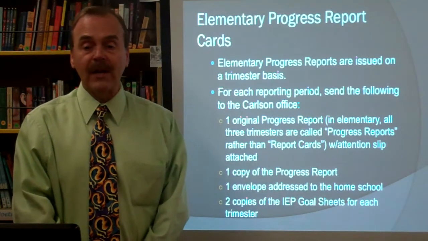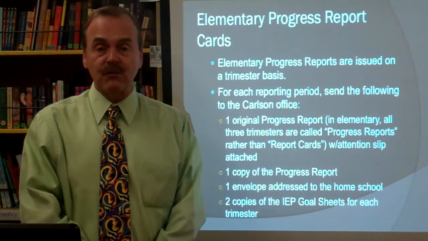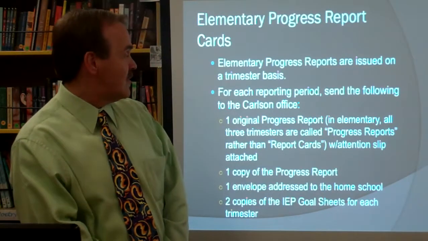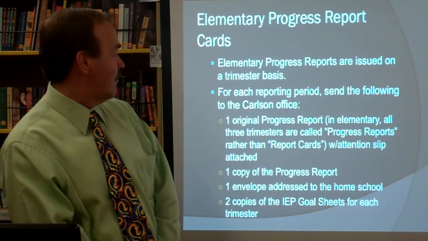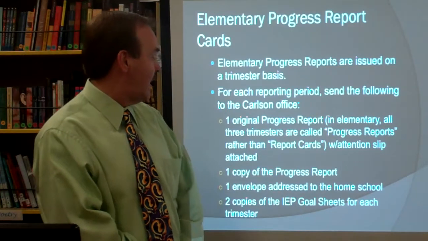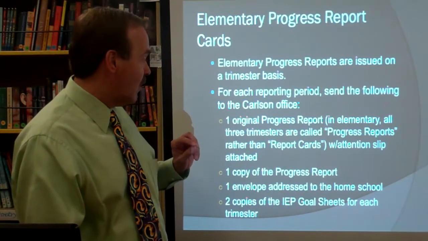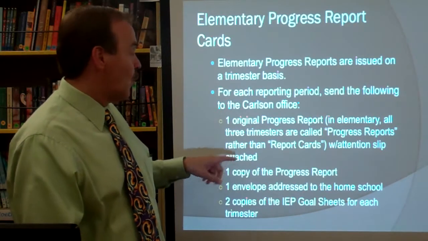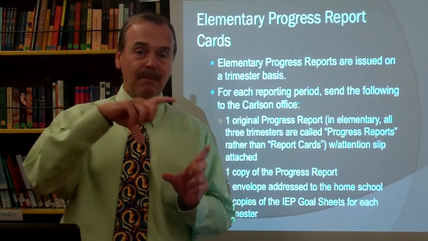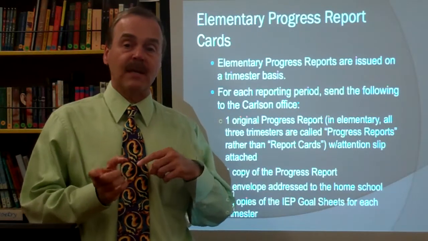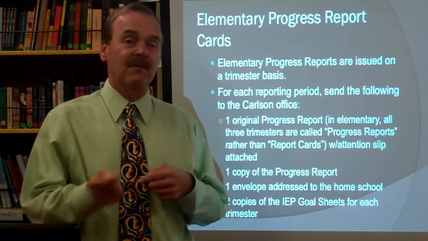And then for each reporting period, when you send the report card in, make sure that you send in an original report card with the attention slip attached. Remember that pink attention slip that we showed you in either the last video or the video before?